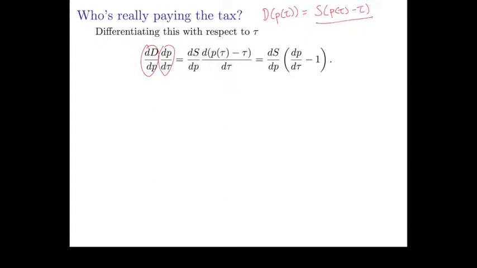Again, we use the chain rule for the right-hand side. It's the derivative of supply with respect to price times the derivative of what's inside with respect to tau. The derivative of this with respect to tau is just the derivative of P with respect to tau minus 1, the derivative of tau with respect to tau.